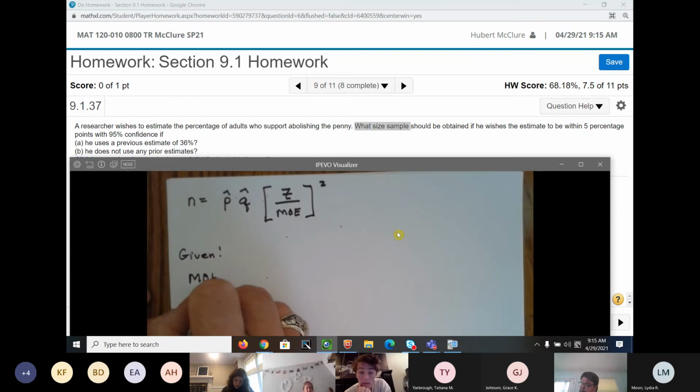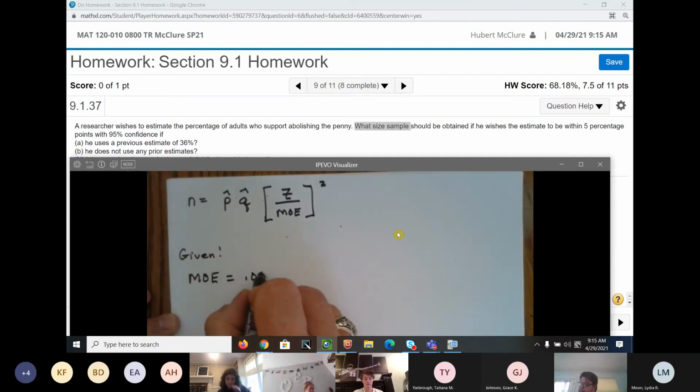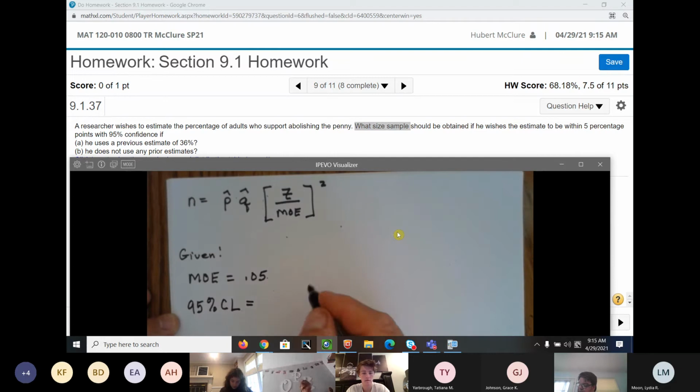Margin of error is equal to 0.05. 95% confidence level. Somebody give me that number. Isn't that the one, 1.645? I can't remember. What's 95% confidence level? 1.96. 1.96.